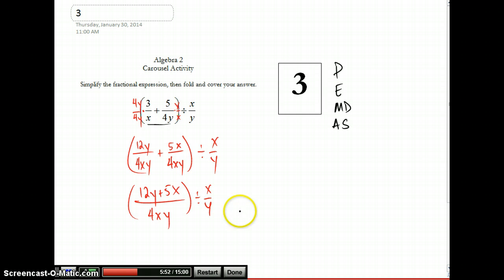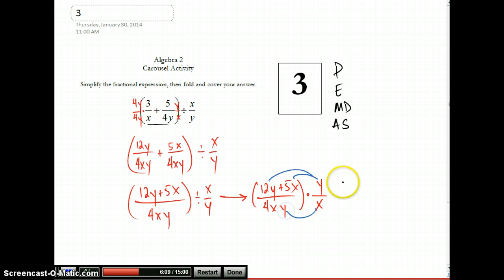And remember, division turns into multiplication if you flip the fraction. So you have 12y plus 5x over 4xy, times y over x. And now all we need to do is distribute. So we get 12y times y is y squared, plus 5xy all over 4x squared y.